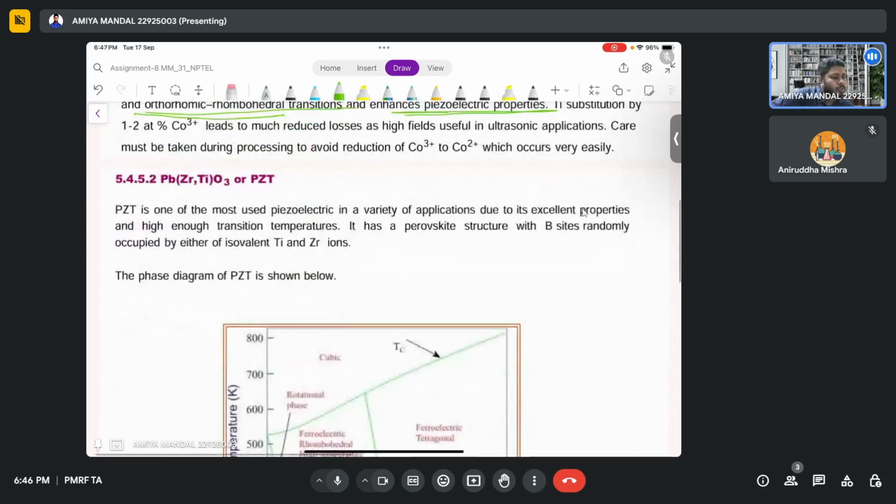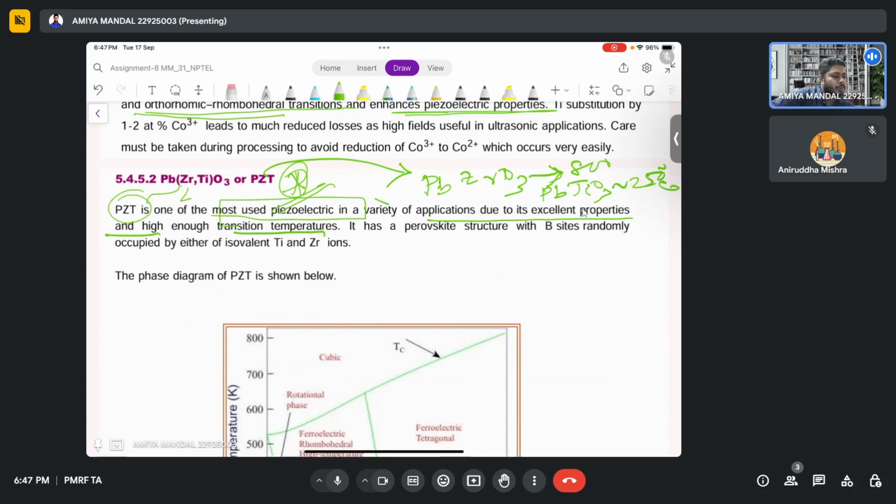Now the most ideal example: lead zirconium titanate is one of the most used piezoelectrics for a variety of applications due to its excellent properties and a high enough transition temperature. The transition temperature of lead zirconate is approximately 800 degrees centigrade, and that of lead titanate is approximately 250 degrees centigrade. When we mix them, the transition temperature lies at about 400 to 500 degrees centigrade.